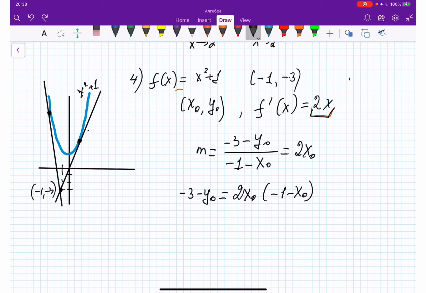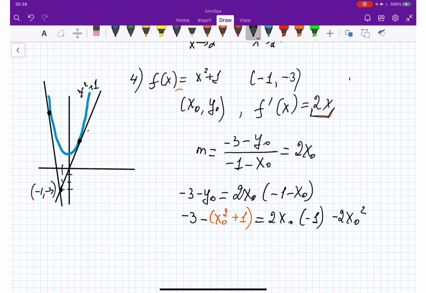So what do we have? -3 minus, let me change the color so you can see that I replaced y0, x0 squared plus 1. Okay, and this is equal to 2x0 times -1, and multiplying it out, minus 2x0 squared.